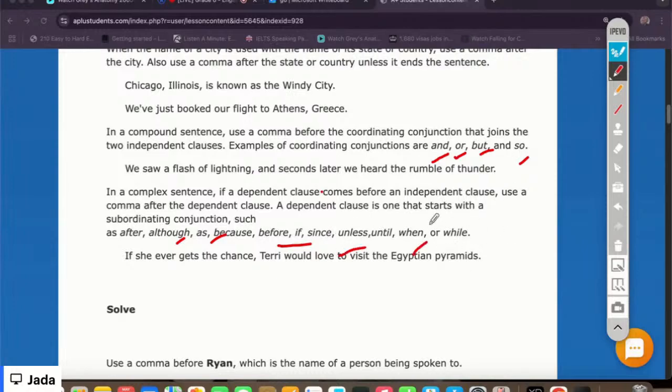So once you see any of these starting the sentence, you know that that's a dependent clause starting it. So you have to put a comma after the first clause. Just like over here, if she ever gets a chance, Terry would love to visit the Egyptian pyramids. So you can see that it starts with if, which is a subordinating conjunction. All right, so let's look at some examples and go to the test.